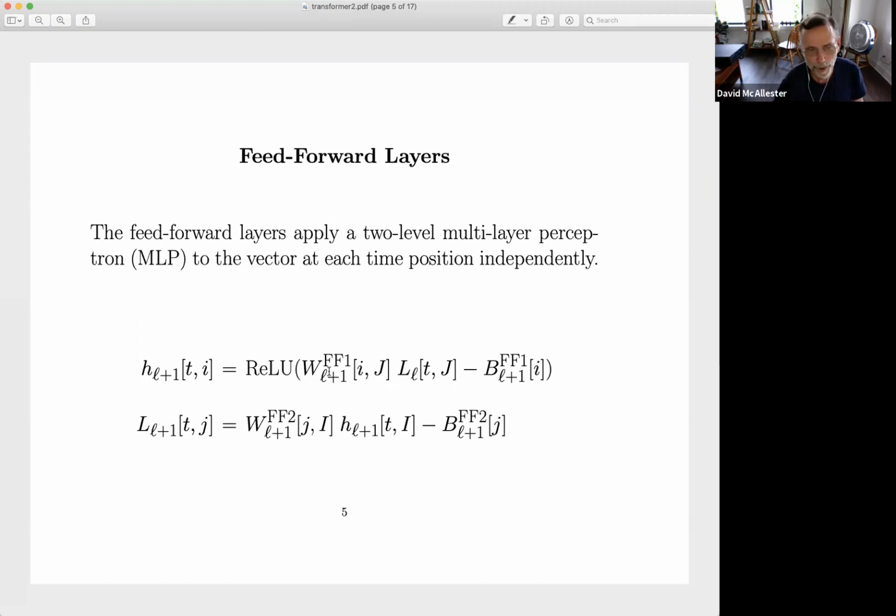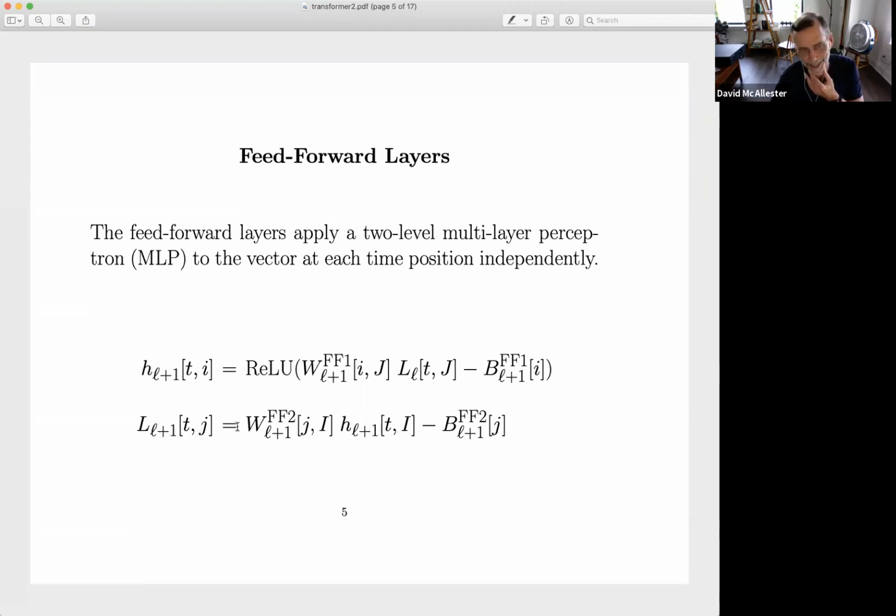At each point in time, you're multiplying the vector at that point times a matrix and subtracting a bias term, and then you pump that through a ReLU. You get your first layer of your multi-layer perceptron. And then you take this as input and get a second layer of your multi-layer perceptron.